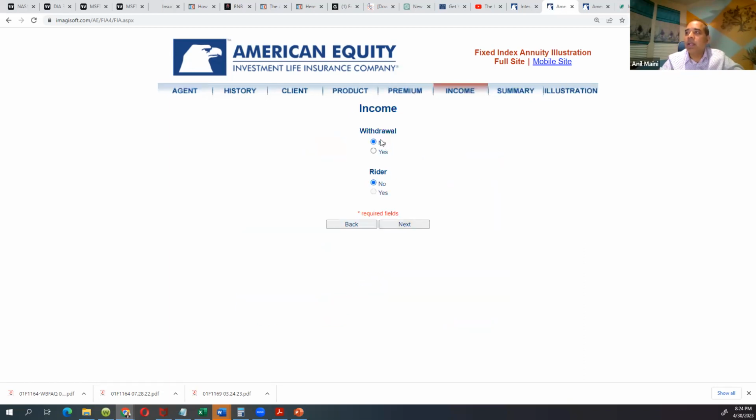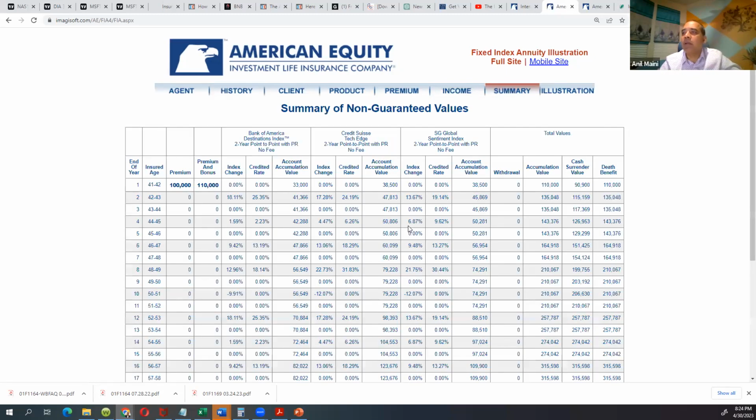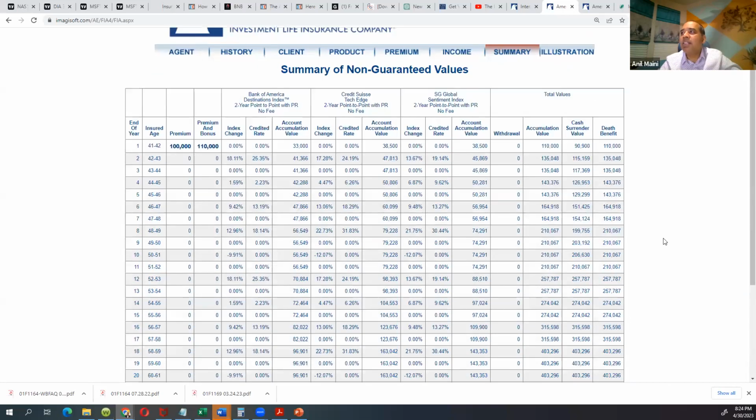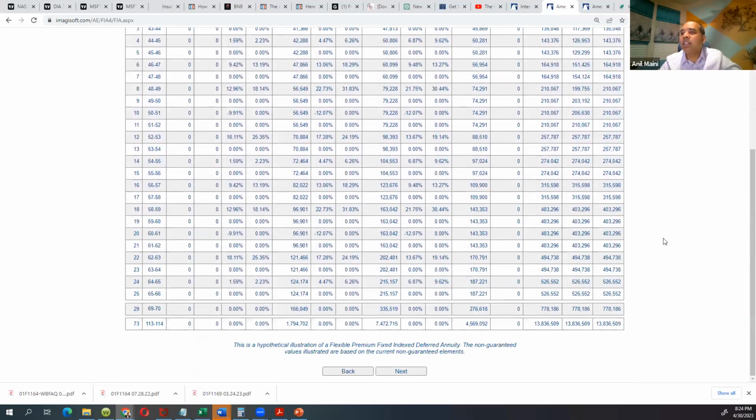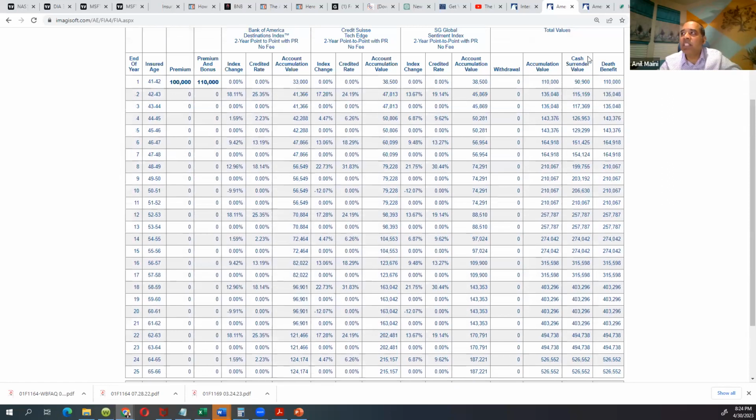Next, we will show how the money will grow. And this product doesn't have any riders available, so no riders. Okay, so here is the output it has given, and we will see the detailed illustration as well.